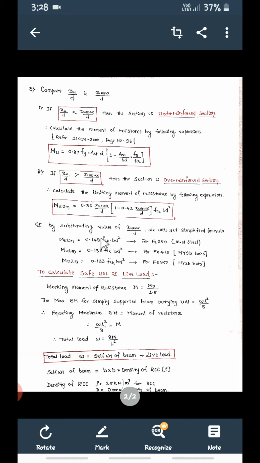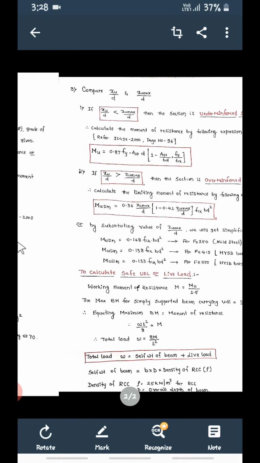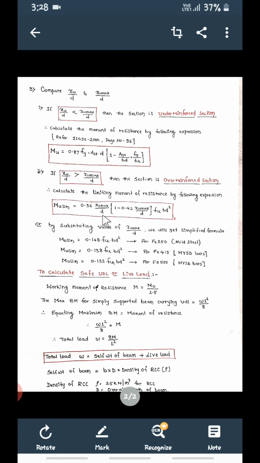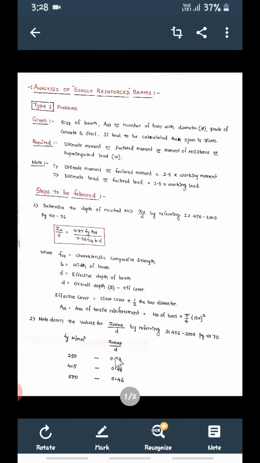You get this equation when you substitute xu max upon d equal to 0.53 here, for 250 grade steel. That is, for 250 we substitute this value, xu max upon d is equal to 0.53.